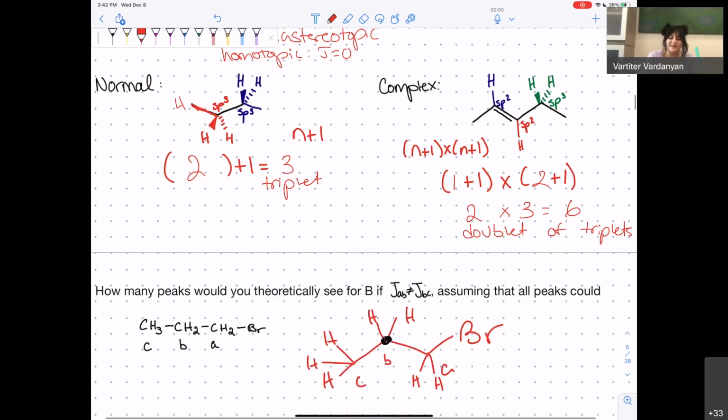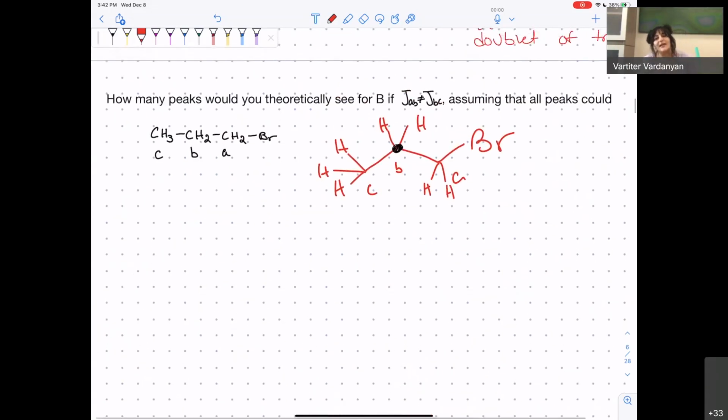Okay, so the last type of complex splitting thing you might get is theoretical complex splitting. It gives you something and says, theoretically, imagine that JAB does not equal JBC. So you have to find the splitting for the hydrogens on carbon B. We're going to do 3 neighbors plus 1 multiplied by 2 neighbors plus 1.